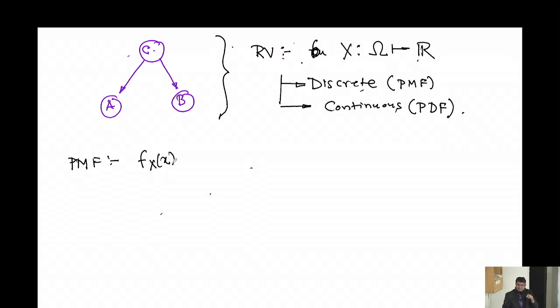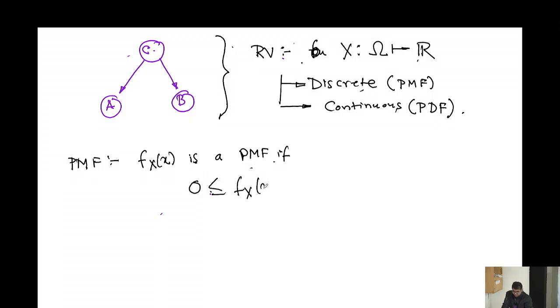So capital X is the random variable, small x is the value that random variable is taking, or as we call it later, realization of the random variable. So f_X(x) is a PMF if 0 less than equal to f_X(x) less than equal to 1, right?